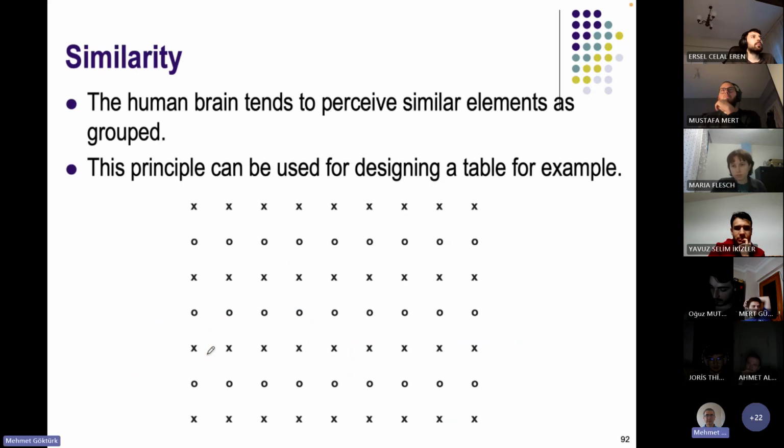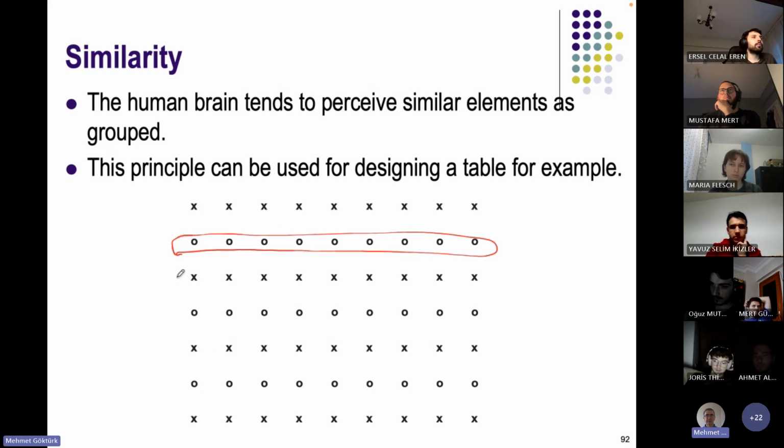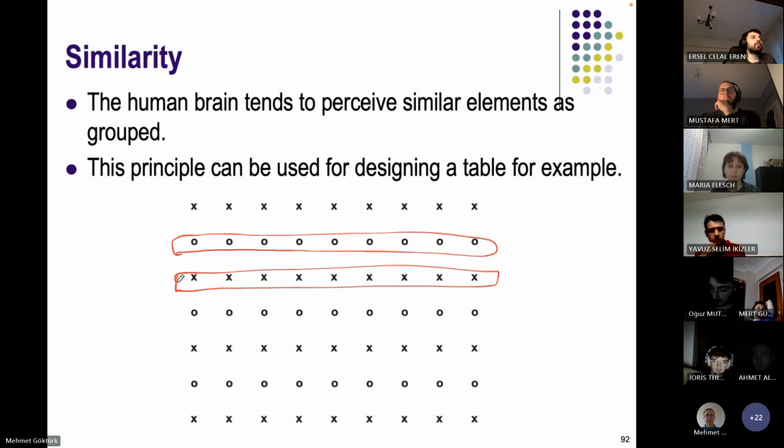The similarity is also interesting. Do we have lines here? Apparently no, but we form lines ourselves because of similarity properties of the objects. So objects that are similar to each other form a group, and that group may form a shape and may give another, additional meaning.